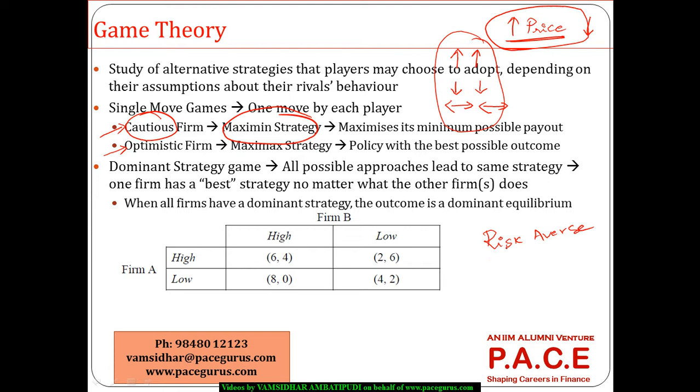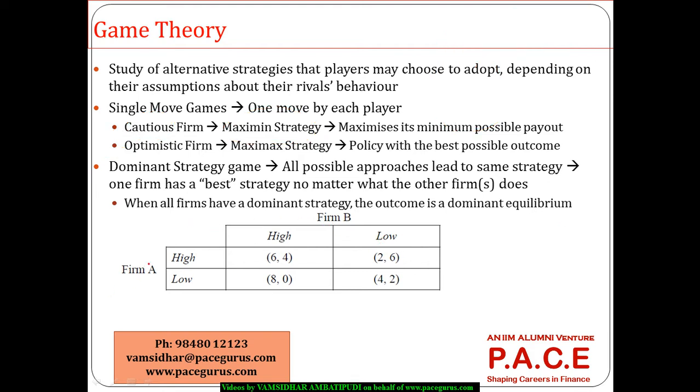What it simply says is, whatever is the minimum payoff they are getting, they would like to maximize the minimum payoff, and that strategy would be adopted. Probably I would talk about this example.